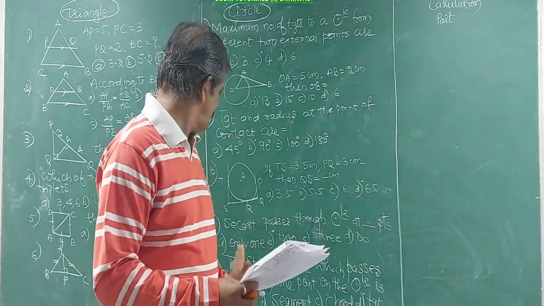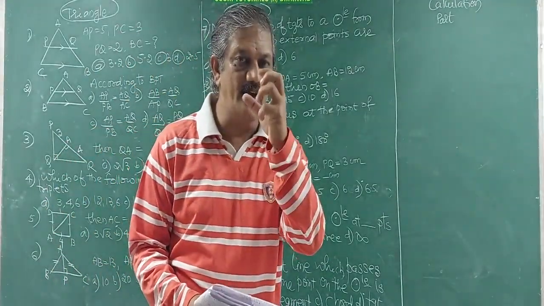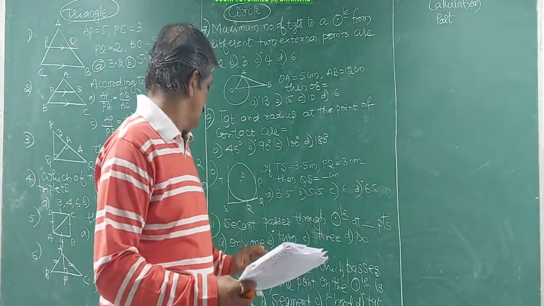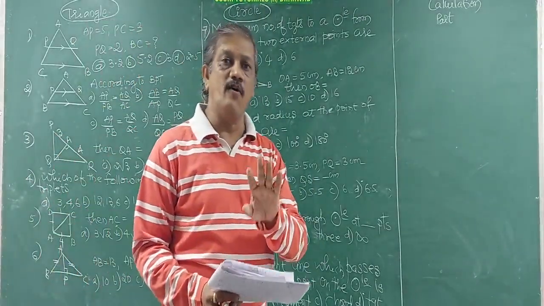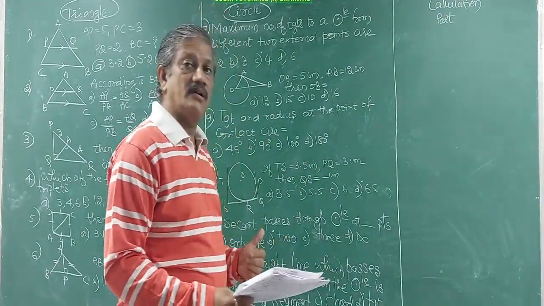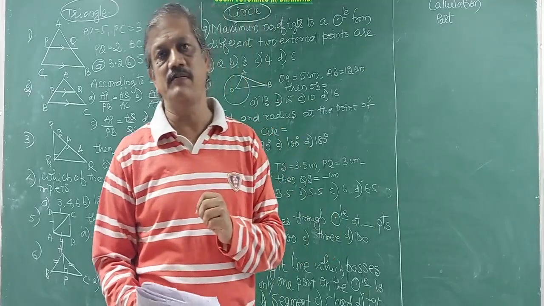But here I have chosen some important questions, how they tackle the questions. 12 together in the 2 chapters and 10 more, 10 to 13. Round about 25 marks from geometry I am going to give you.